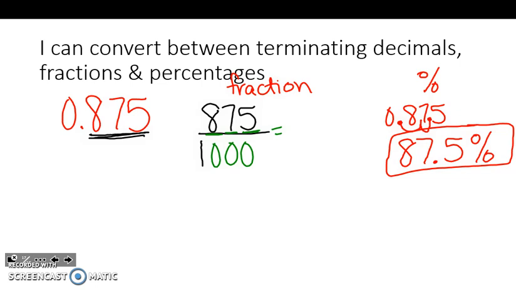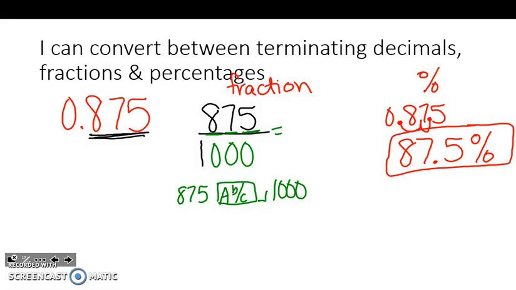But I'm going to teach you a shortcut this year. So using the calculator that I let you borrow, if you type in 875, and then you're going to hit the ABC button. It looks like this. It's in the second row, the third button down. You're going to hit that, and then you'll see this little sign. And then you're going to type in the bottom number, so 1,000.